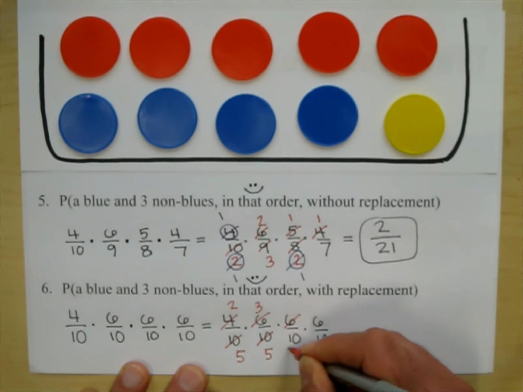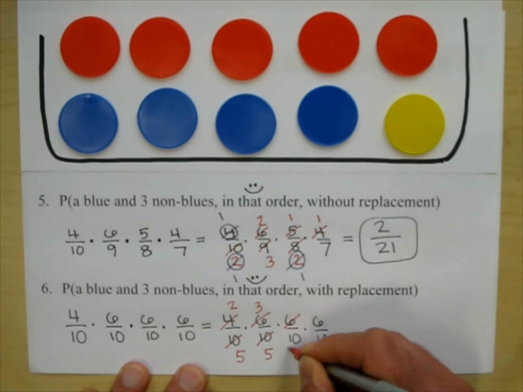Well, what makes problem number 10 so different than the other ones is the fact that I'm just pulling out one color. In 1 through 9, all those problems I was pulling out different colors. And this is the first problem where I was pulling out the same color. So what is the lesson to be learned?